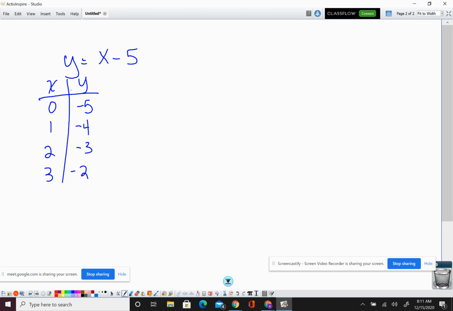So you can make a table like that and graph those points. Or you can use the y-intercept and the slope to graph them. Y-intercept of -5, slope of 1, up 1, over 1. So whatever you are most comfortable with is how you can graph it.